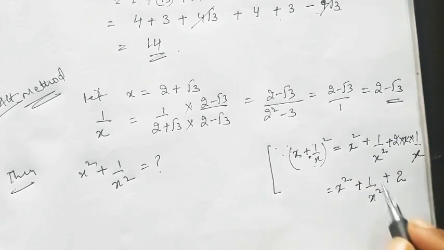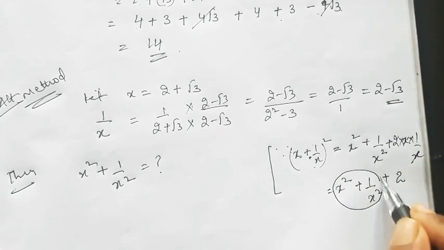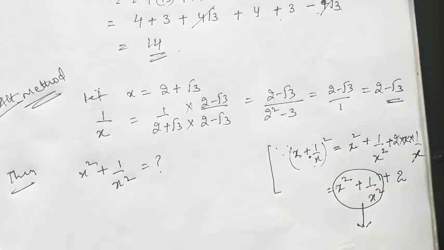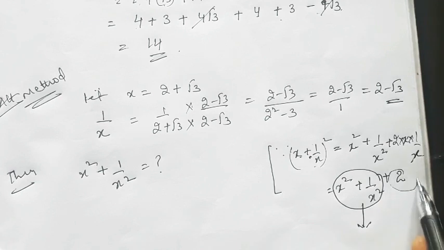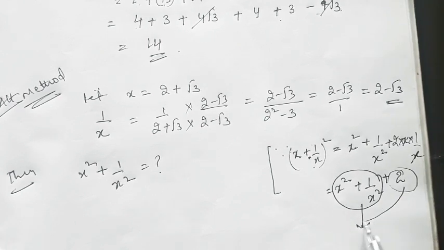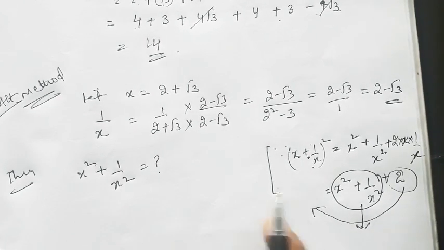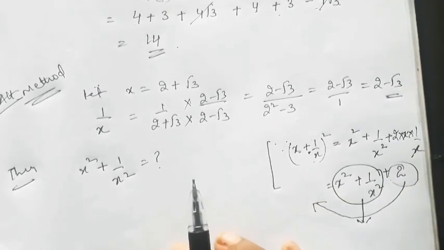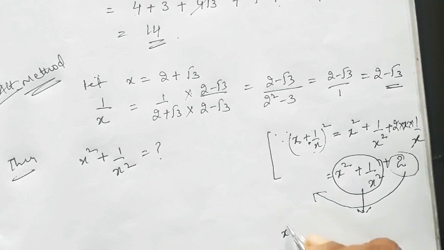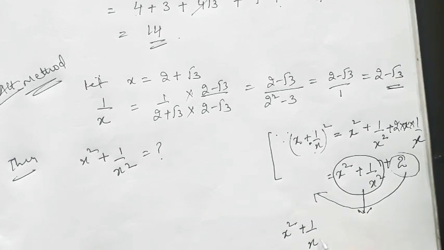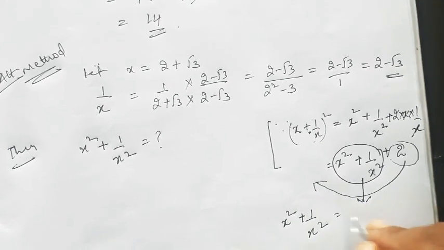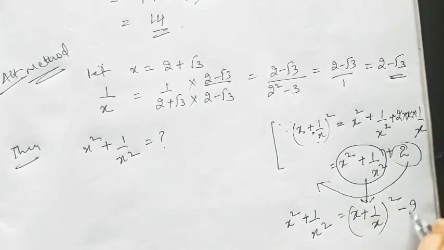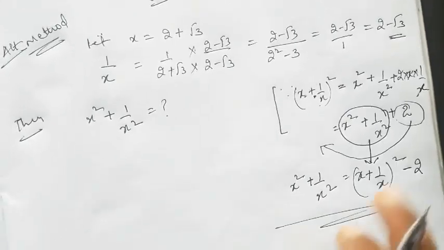From here we can get the formula of x square plus 1 by x square by transposing this 2 to the left hand side. So the formula we got for x square plus 1 over x square is x plus 1 over x whole square minus 2. Always remember this.